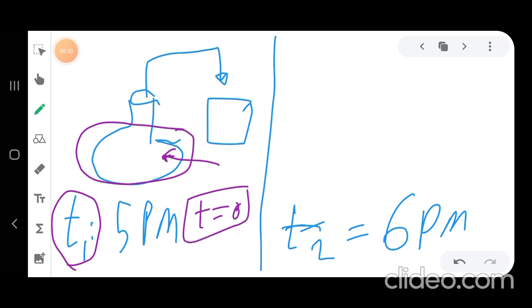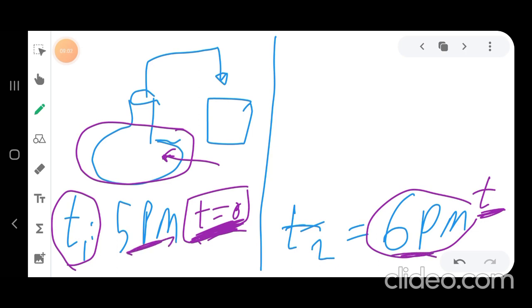After some time, we call it time t. So from time 0 to some time t, which for our example is 5 p.m. and 6 p.m., the initial time is 0. After some time, which is 1 hour in this case, this is the duration of the process.